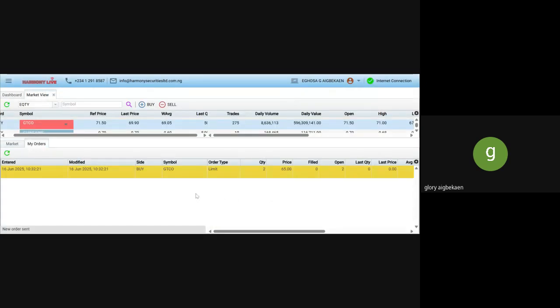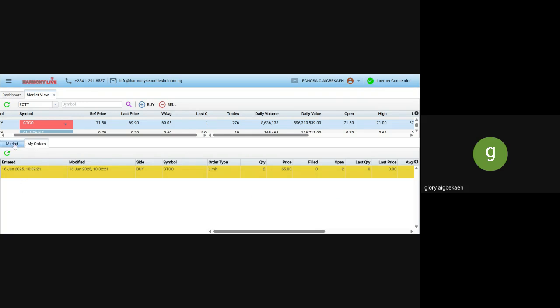The order has been submitted. You see the order is here. It's in yellow, telling us that the order has been submitted. Under my order, if I do another order for maybe another stock, maybe Zenith Bank this time, it will be number 2. So the list of orders I have will be listed here under my order.